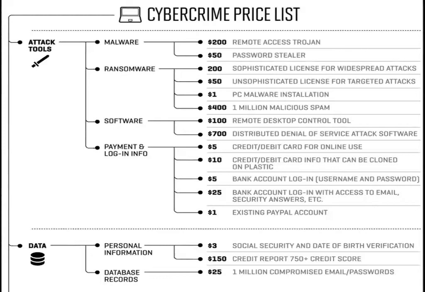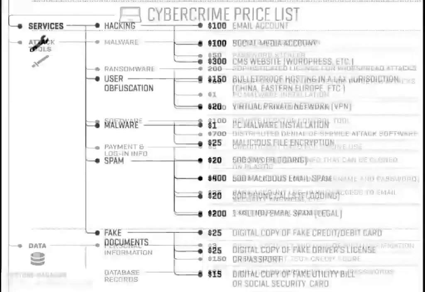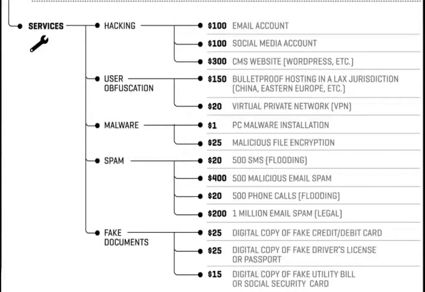If you're talking about the forthcoming General Data Protection Regulation, where you can be fined up to 4% of your global turnover, that's a very, very asymmetric figure in terms of the cost of gaining that data versus the regulatory fine. And you're talking about $25 for 1 million compromised emails and passwords. So it just shows how inexpensive it is to gain this information.